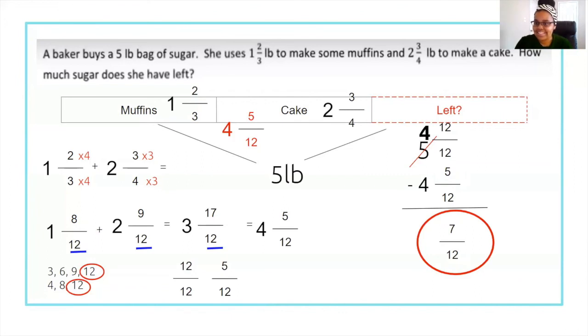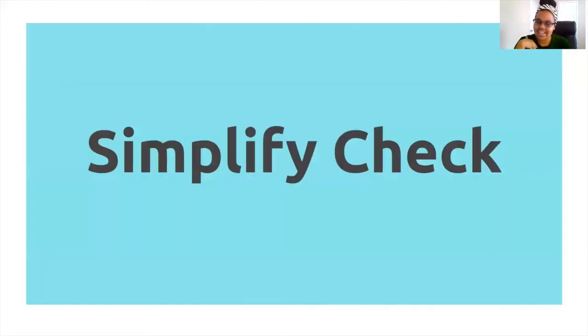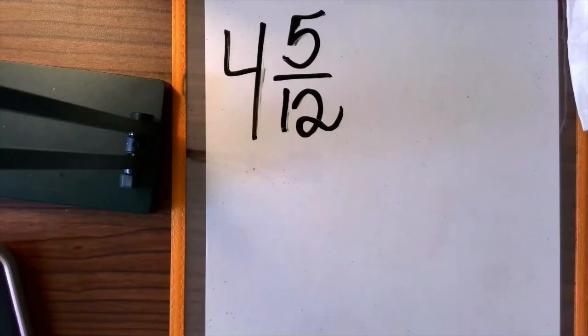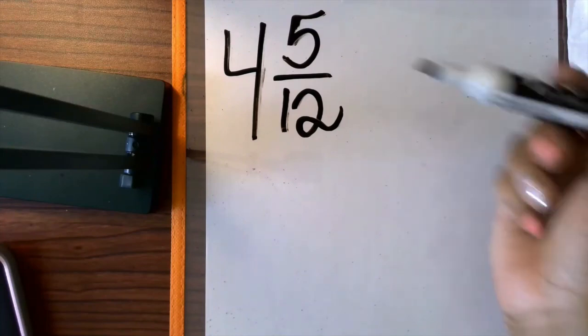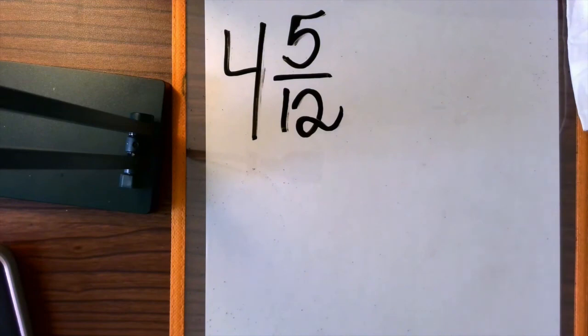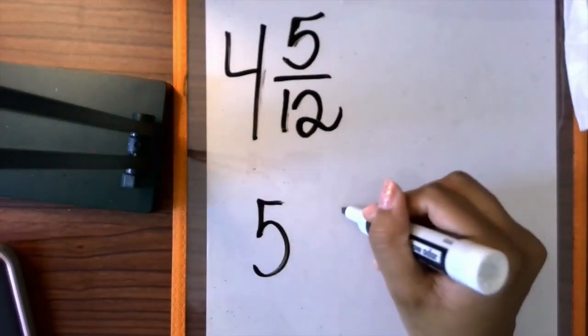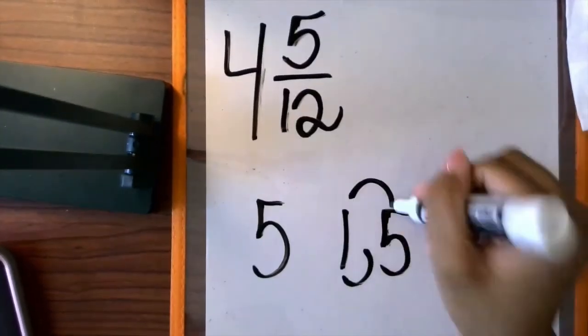So it looks like my answer is 7 12s, but I can't move on yet because I need to do a simplify check. Can I simplify 7 12s any further? Let's find out together. To do that, I need to first find the greatest common factor of 5 and 12. I'm going to start by listing my factors for 5, which are 1 and 5.